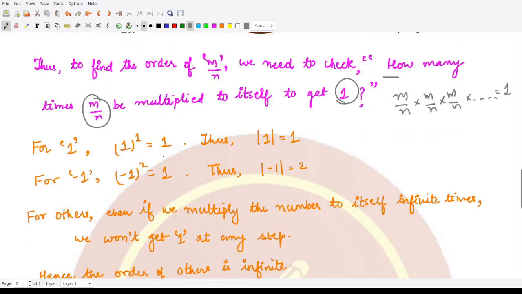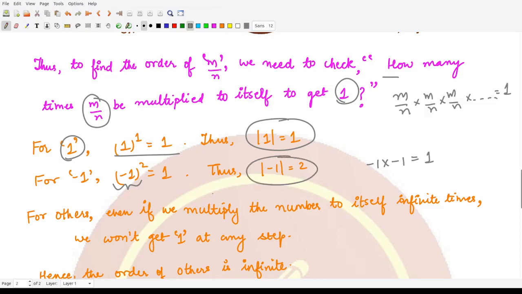For the identity element 1, if you do it once, you have it, so the order of 1 is 1 in this case. For minus 1, if you multiply minus 1 with minus 1, you would get plus 1, which is the identity. Hence the order in this case is 2.